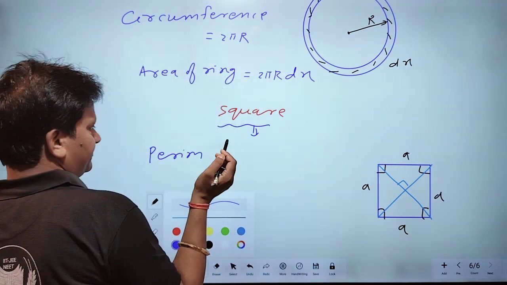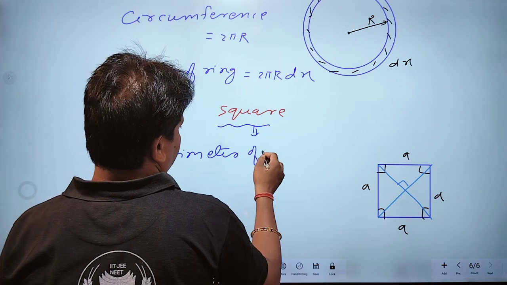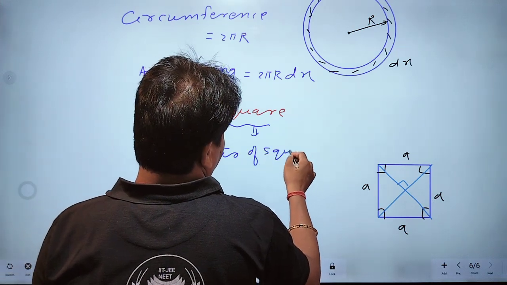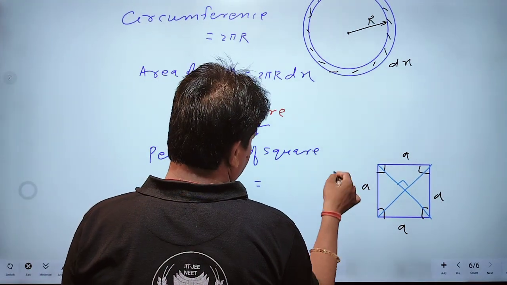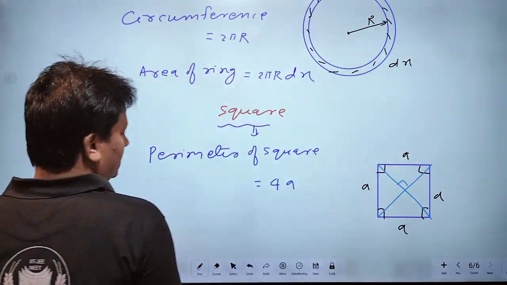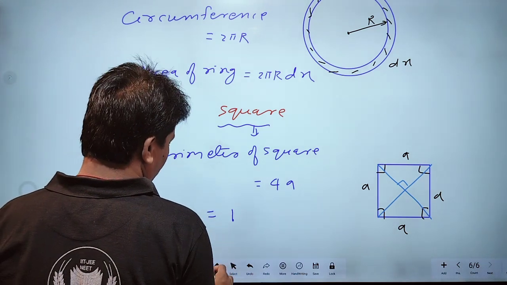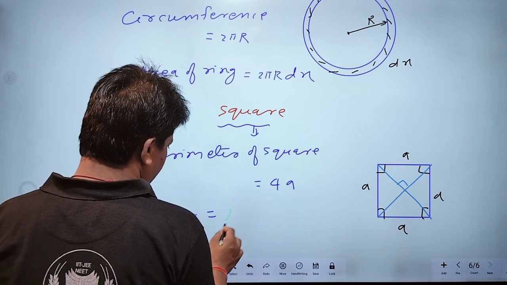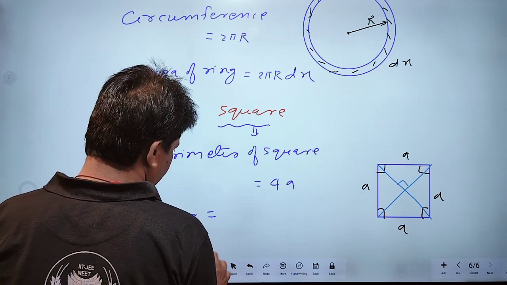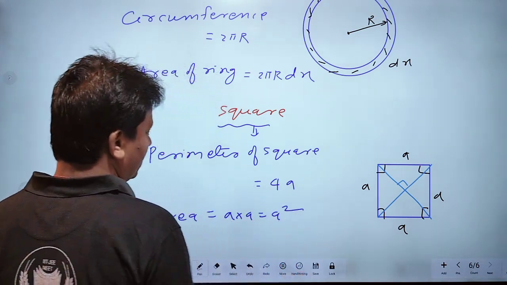Perimeter of a square: sum of all sides, A plus A plus A plus A, 4A. Its area is A square, length into width. Length is A and width is also A. A into A means A square.